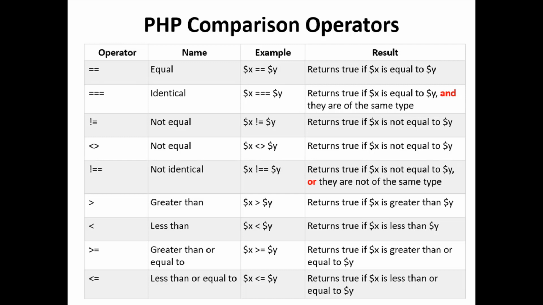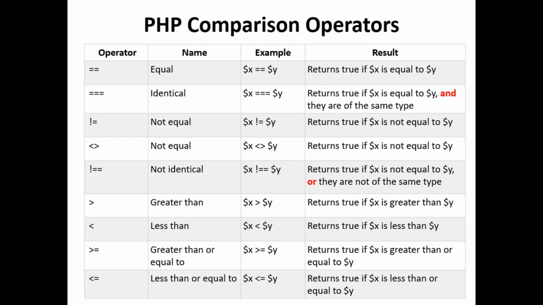So if x equals y, but their type is not equal, then we are conveyed that these are not identical. So if you want to check whether x is not identical to y, you can use exclamation followed by the equal sign.